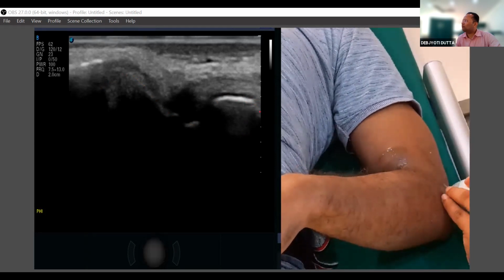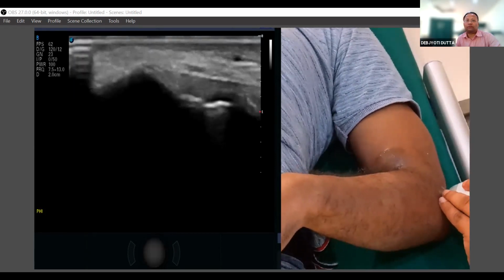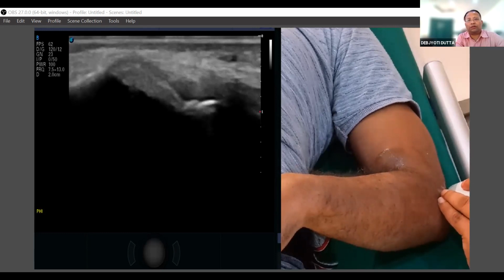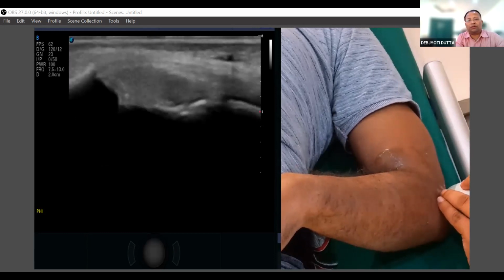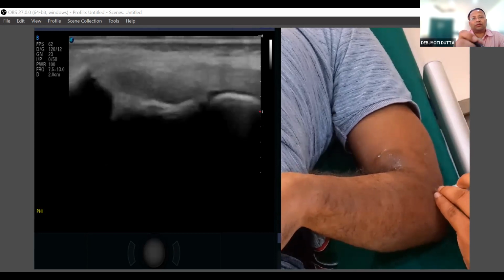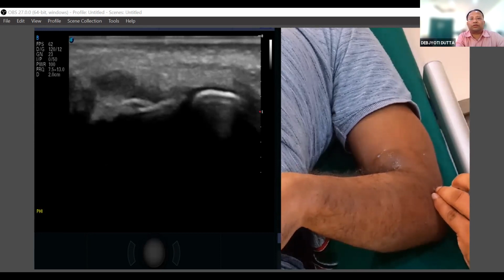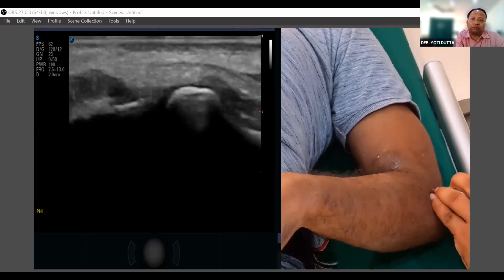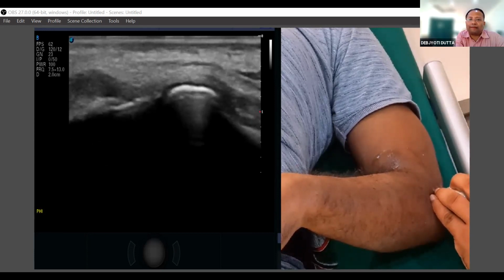So again, I am showing it to you. Here you can see the common extensor tendon, and as we are moving more towards the side, see, now we are over the radial head.